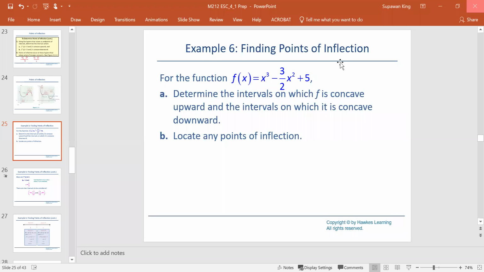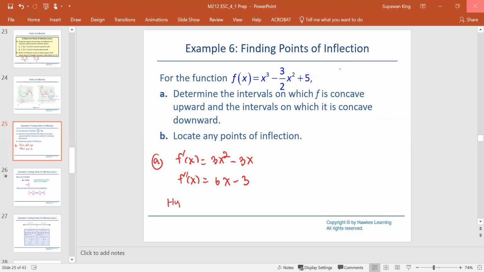For part A, to determine the intervals where the function is concave up or concave downward, we find the second derivative. First of all, we're going to find f prime, which is 3x squared minus 3 times x, and then find the second derivative as 6x minus 3.